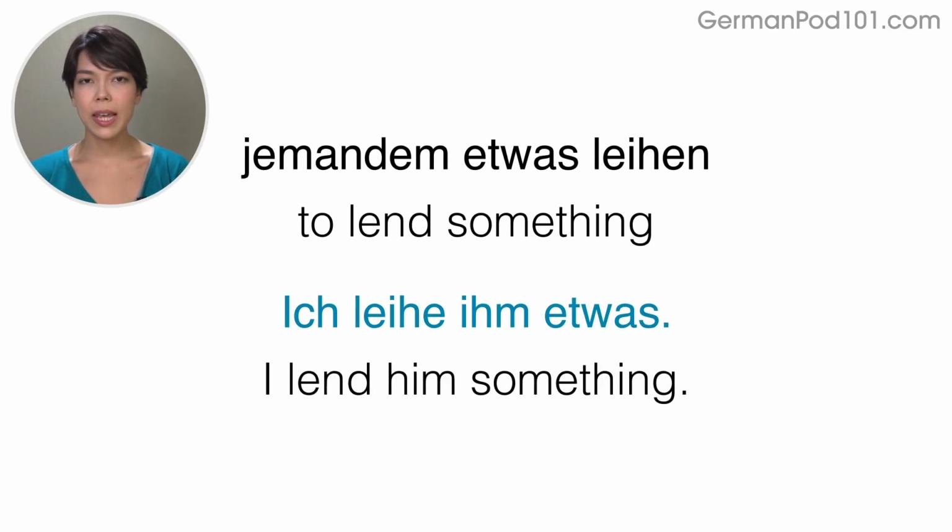For example, ich leihe ihm etwas, meaning I lend him something. In this sentence, the pronouns ich, I, and ihm, him, are different, so the listeners know that the speaker means lend. Let's do some examples so you can learn how to make sentences using borrow and lend correctly.